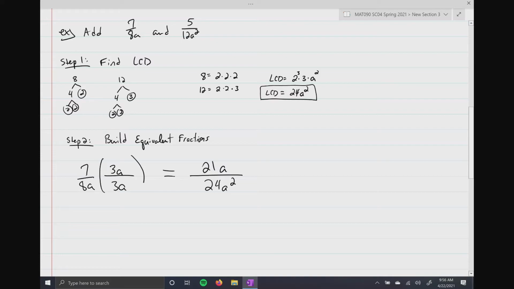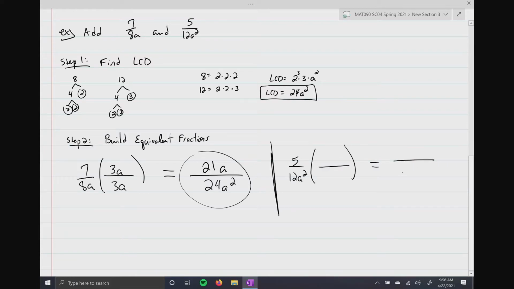So maybe you should just put a little circle around that because you know you're going to need that. The second equivalent fraction. Well, I start off with 5 over 12a to the second. I know I'm going to multiply by something, and I need 24a to the second as my denominator. Start with the numbers.